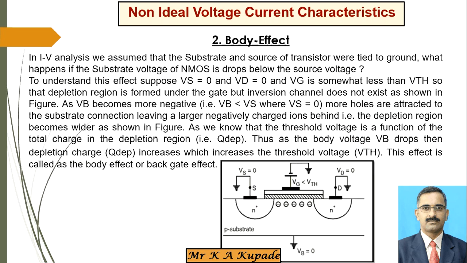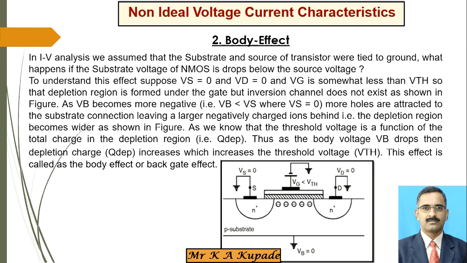More holes are attracted to the substrate connection, leaving a large amount of negatively charged ions behind in that region. That means the depletion region becomes wider, as shown in the figure.